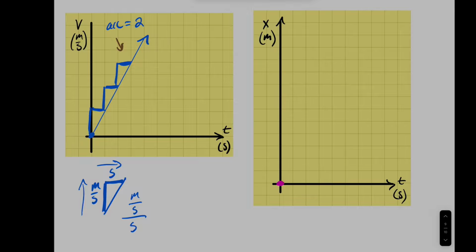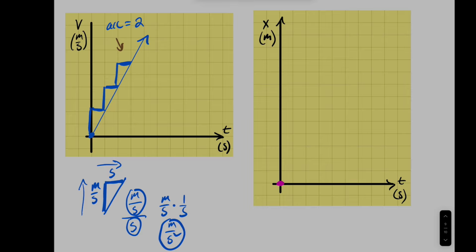If you remember that old rule from when you were a little kid, dividing by this is the same thing as multiplying by the reciprocal of the denominator. So meters per second times 1 over seconds leaves us with meters per second squared. So that's the unit associated with acceleration.